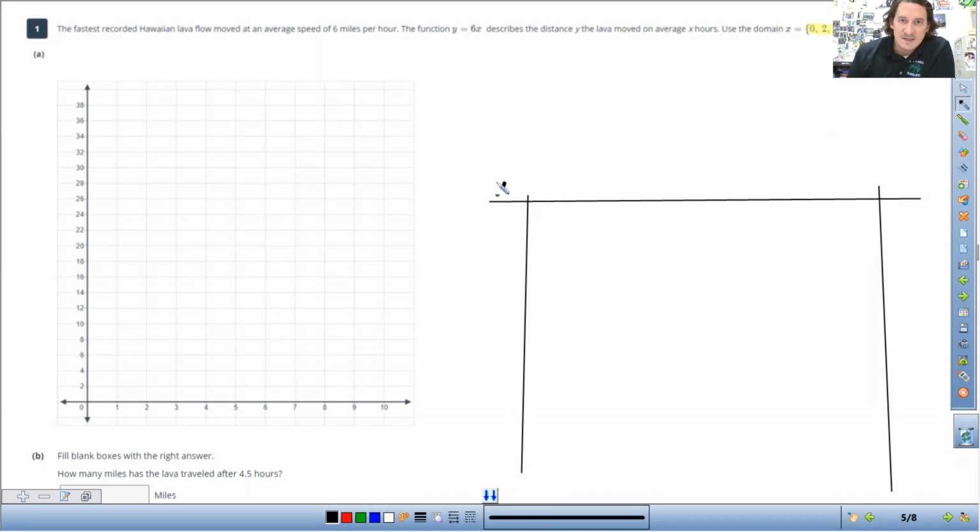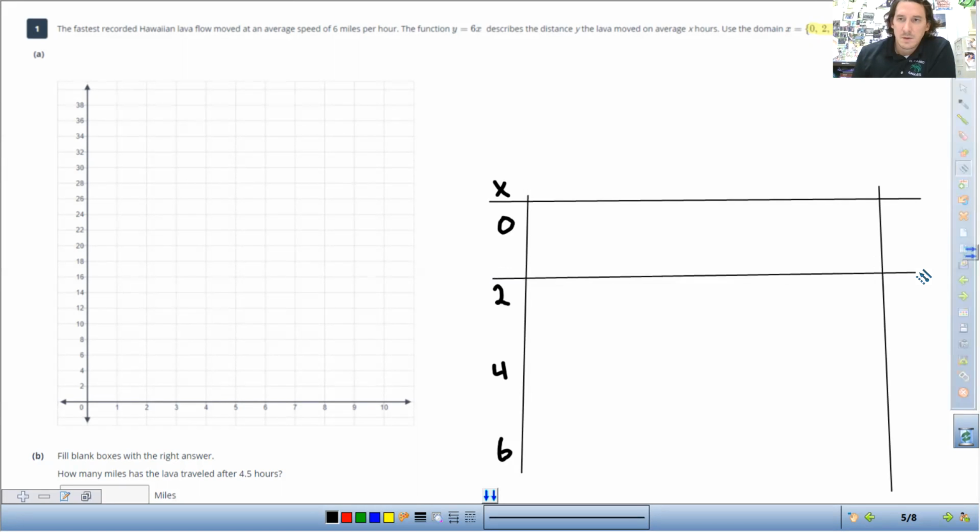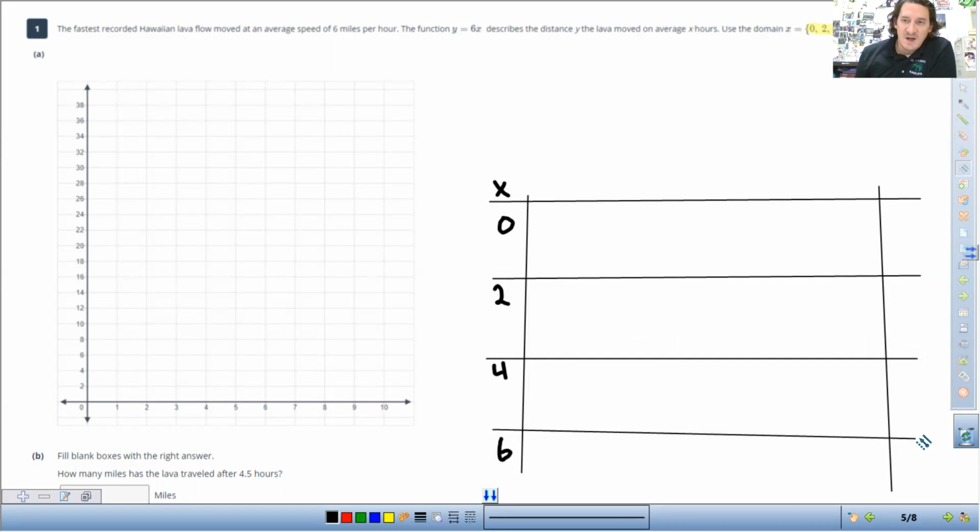So the x's are 0, 2, 4, 6. So we input those values to the function, and then we get our output of y, and we put our work for the function in here. So just 6x.